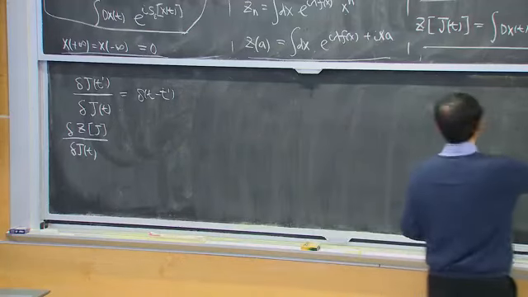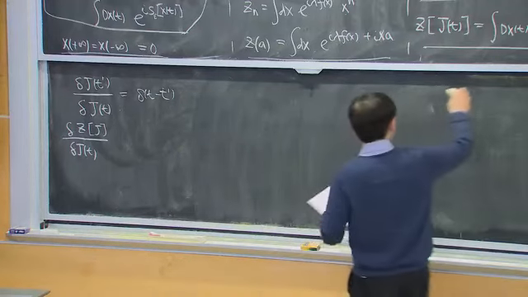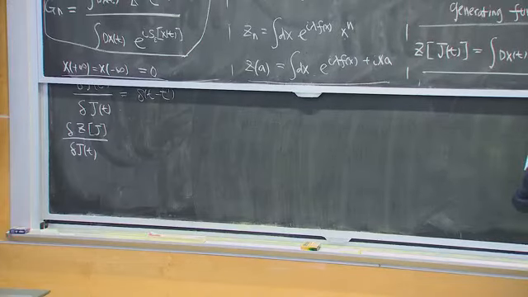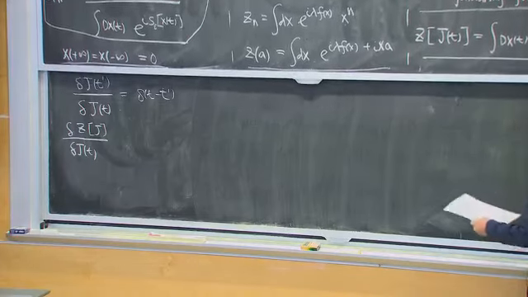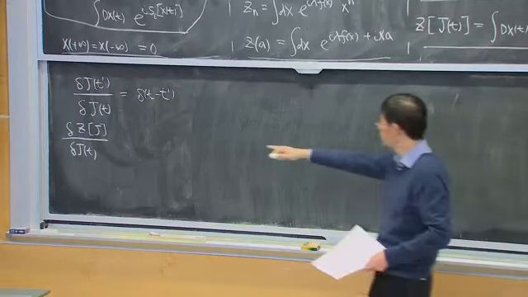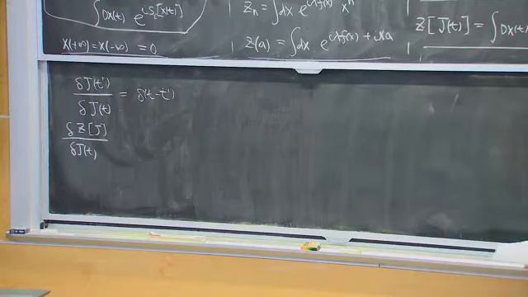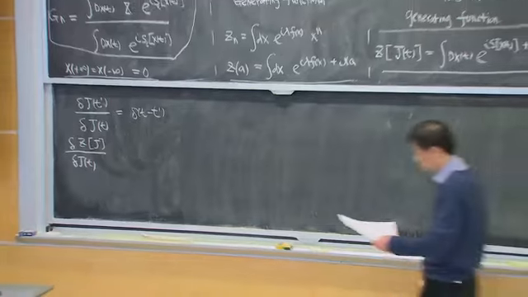For convenience, let's put this to be t'. When you take the derivative with respect to J(t), you directly take the derivative of this term, and the delta function will get rid of this integral, and you just have x(t).